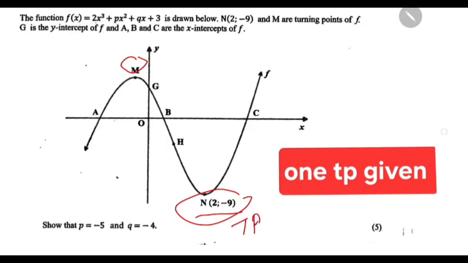G is the y-intercept of f. A, B, C are the x-intercepts of f. So we need to show that p is equal to -5 and q is equal to -4. So we need to find the values of p and q, but in this cubic function we only have one turning point, which is n, 2 and -9.